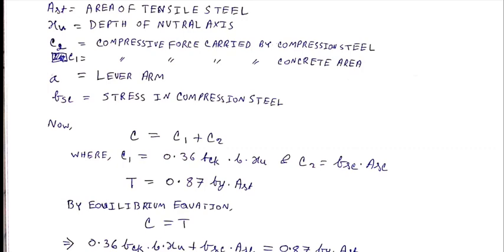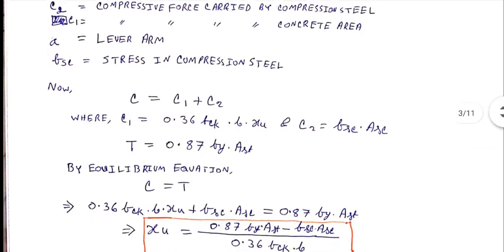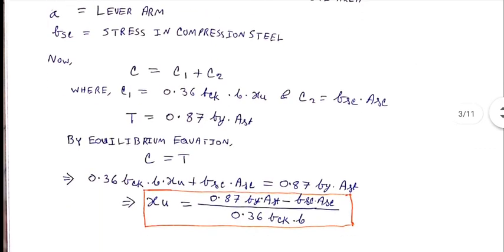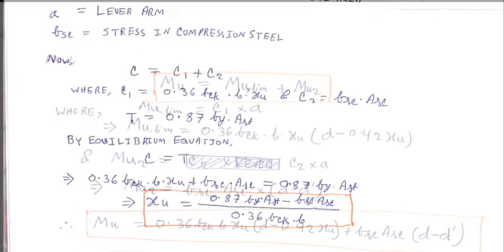So C2 is Fsc into Asc, and total tension T is equal to 0.87 into fy into Ast. So by the equilibrium equation, total compression is equal to total tension. So if we put the value of total compression, that is 0.36 into fck into b into xu plus the C2 part, that is Fsc into Asc, that equals total tension.